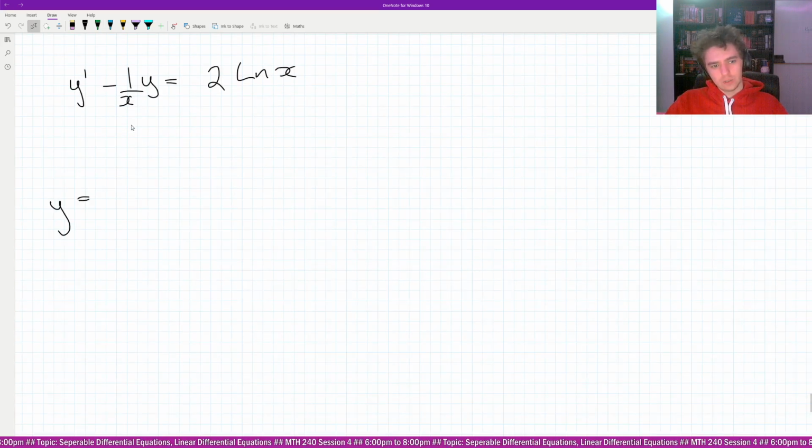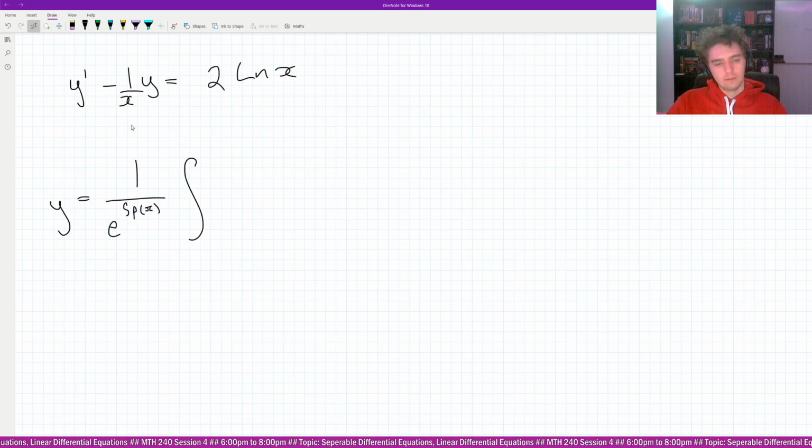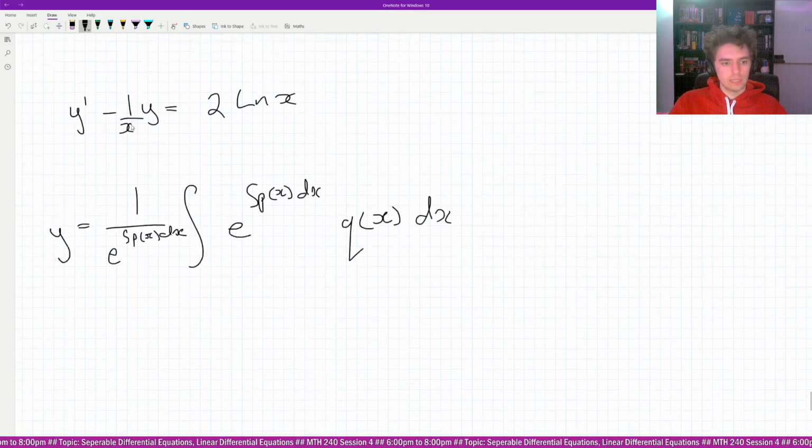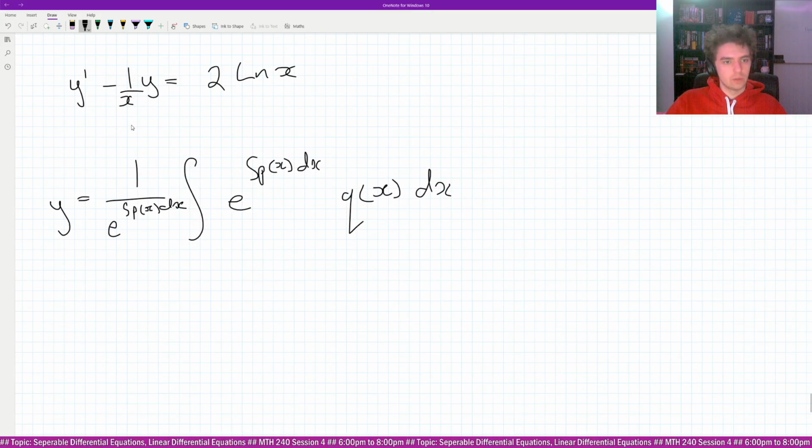So this is y equals 1 over e to the integral of p of x, times the integral of e to the integral of p of x dx, times q of x dx. So yes, we can just do this. Let's see what happens. This is our p of x, and this is our q of x.